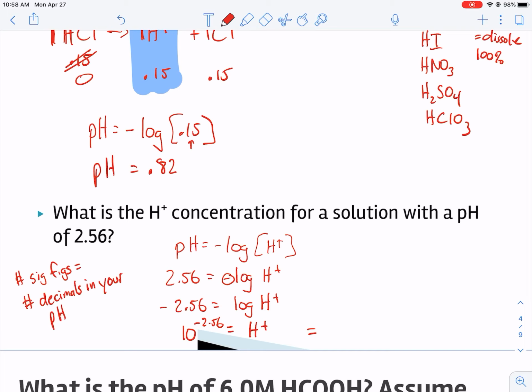I'm not around to really focus on this with you guys, so that's kind of a minor detail. If you get the general idea of how to calculate, I'm going to be happy here. But this would be 2.8 times 10 to the negative 3 molar, right? Because I had 2 decimals in my pH, and so that means my original concentration had 2 sig figs, and that's what we're seeing there. So this is my answer.